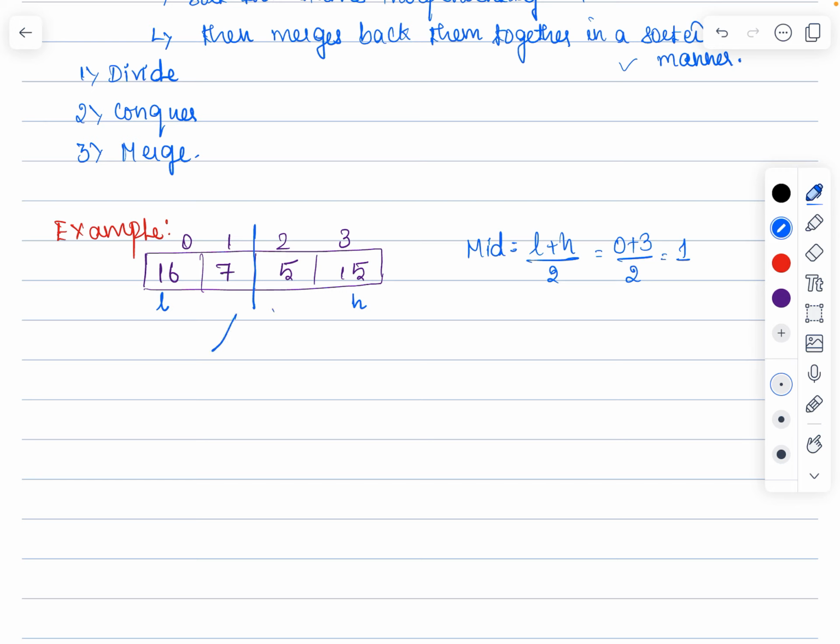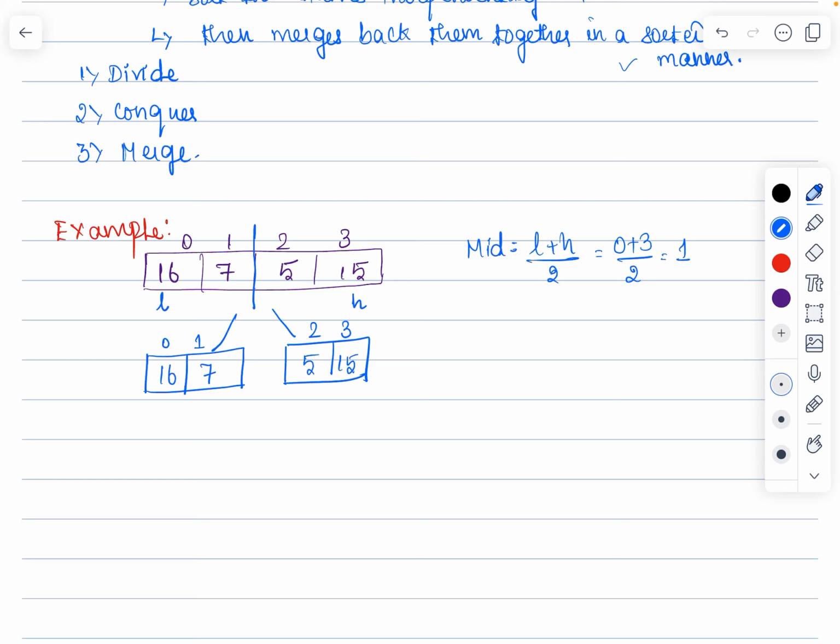So we divide this array into two equal subarrays. In the left subarray there are 2 elements, and in the right subarray again there are 2 elements. We keep on dividing until there is only one element in the subarray. Now the index of each element is 0, 1 here and 2, 3 here.